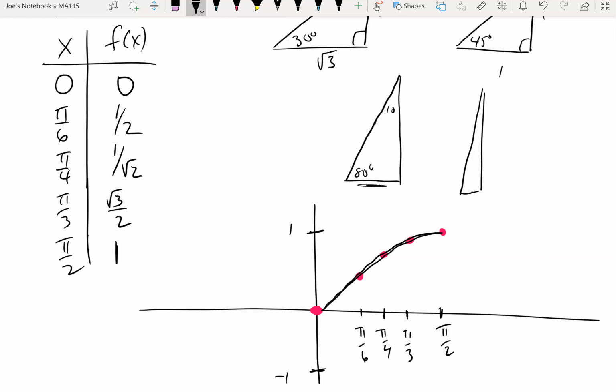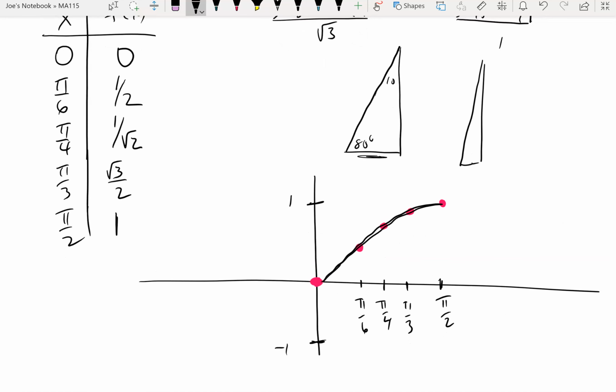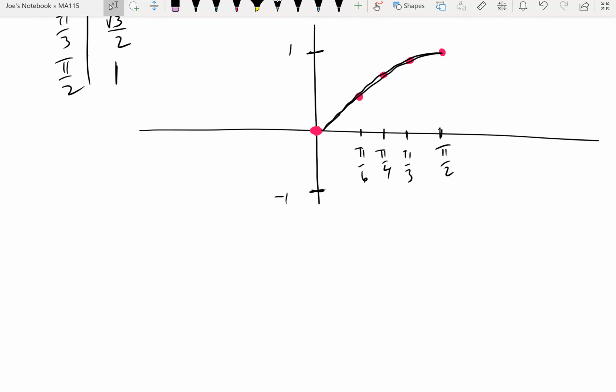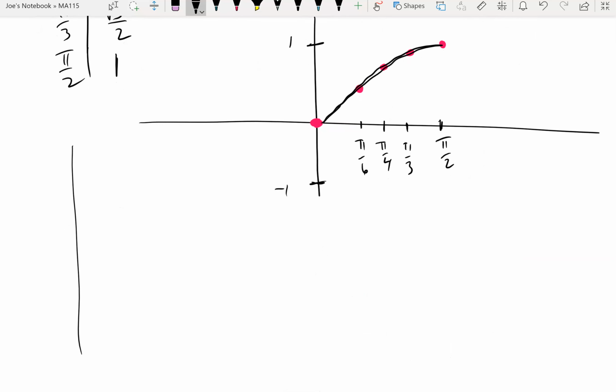All right. So now we don't want to just do from 0 to pi over 2. We want to get a graph for any x that we could plug in, right? So let's say we do the next set of these. So let's say we had x and f of x.